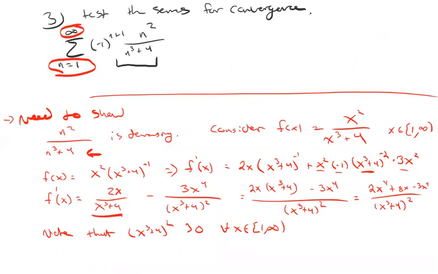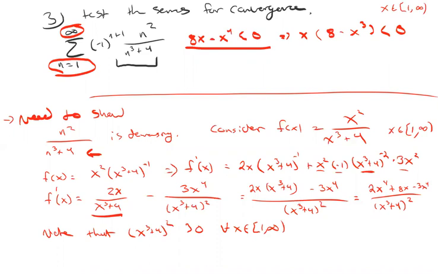So simplifying, I can subtract 2x to the fourth minus 3x to the fourth and get 8x minus x to the fourth is less than 0. We want to know what x values make this inequality true. So we can factor out an x, so that's 8 minus x cubed is less than 0. But we're only interested in values of x that lie in this window, 1 to infinity.